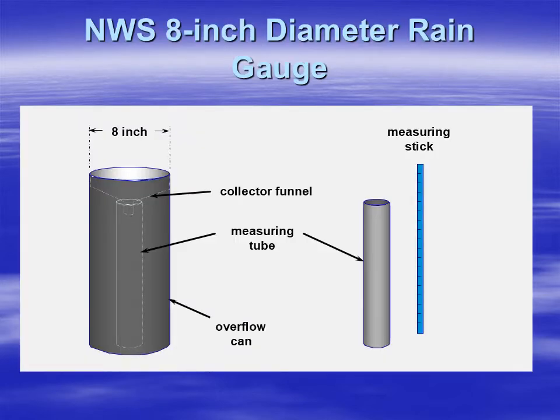Here are the components broken down a little bit. And you can see the funnel sits at the very top of the collector can, the overflow can. The measuring tube goes inside the overflow can and sits underneath the funnel. And then we use the measuring stick when we want to make a measurement.